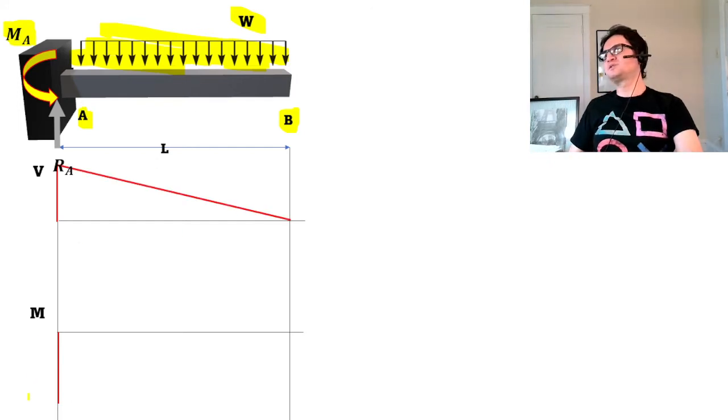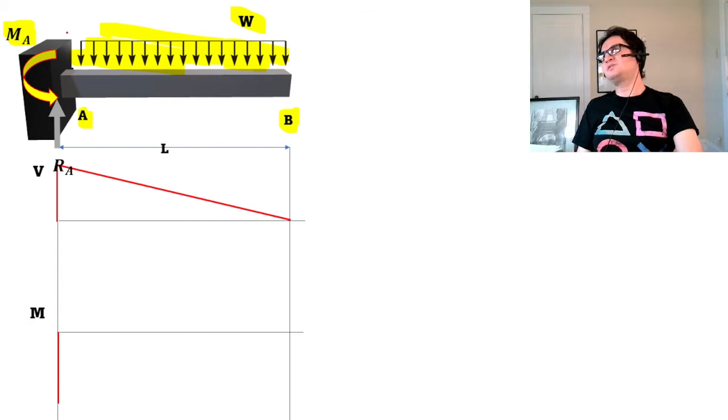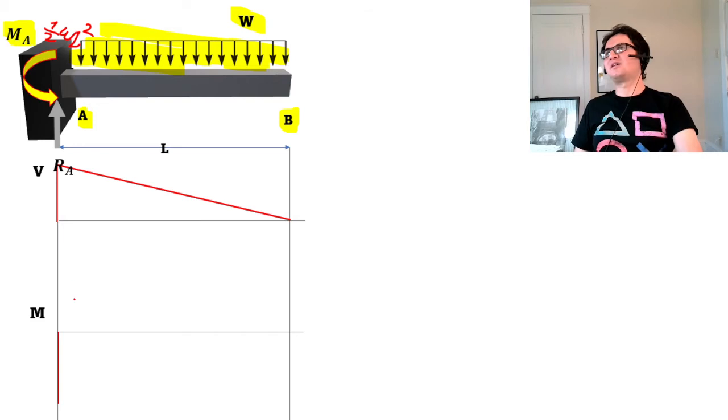It gives you a counterclockwise half of WL squared. And RA should equal WL.